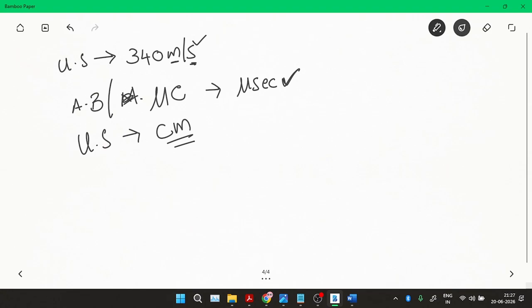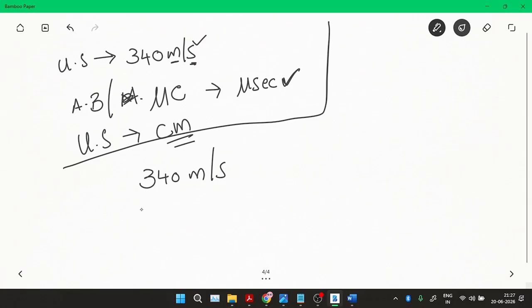For that, just watch the conversion here. First, I'm going to write 340 meters per second, that is 340 multiplied by meters per second. But I don't want seconds, I want microseconds. If I write it like this, the equation will be unbalanced.